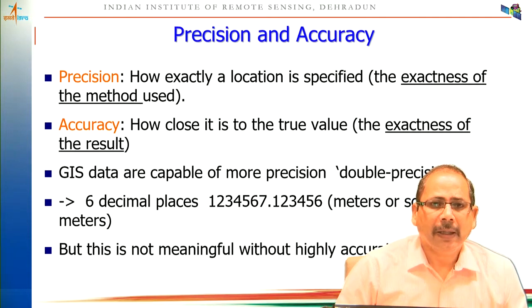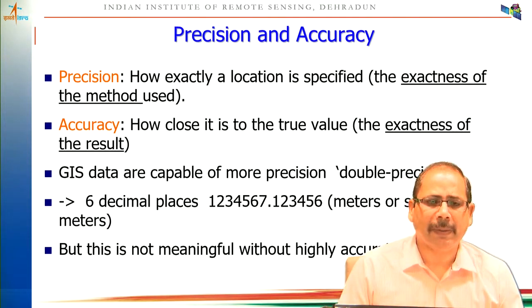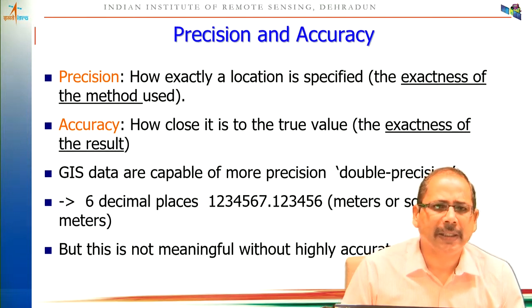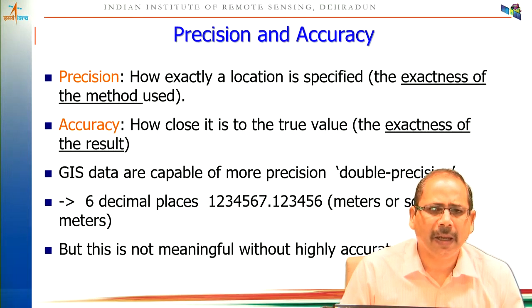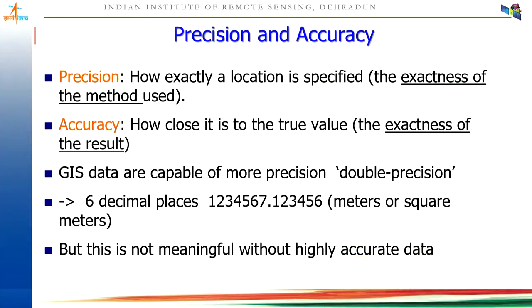Precision and accuracy I already explained in my earlier slides, but again I will read here. Precision is basically how exactly a location is specified, the exactness of the methods used. Accuracy is how close it is to the true value. So precision is a measurement related parameter, and accuracy is a computation related parameter.